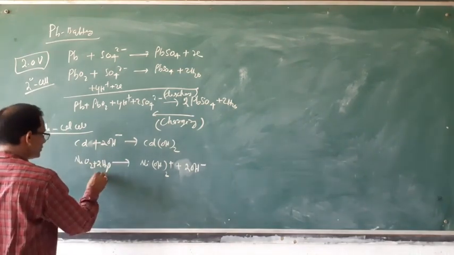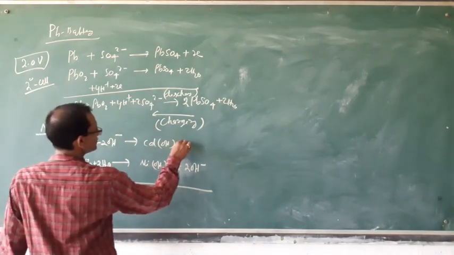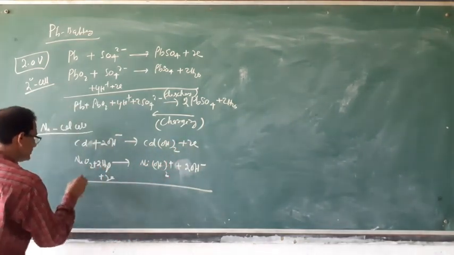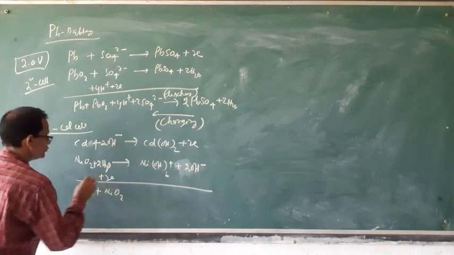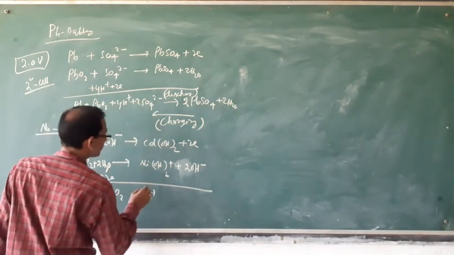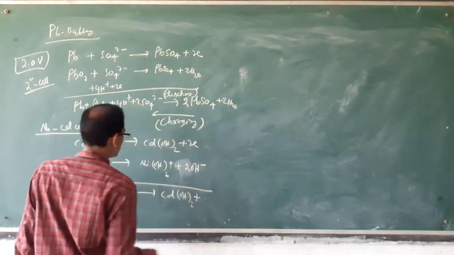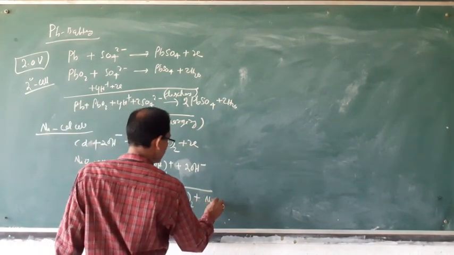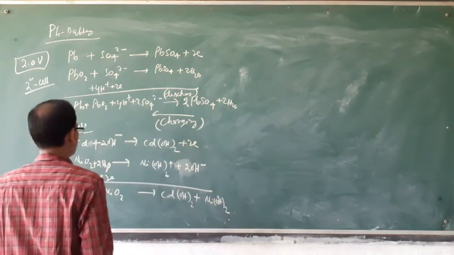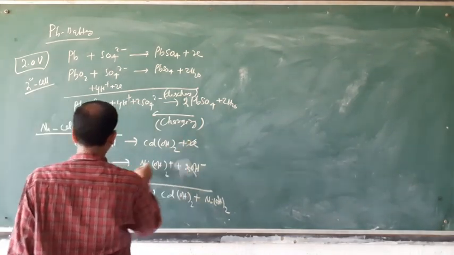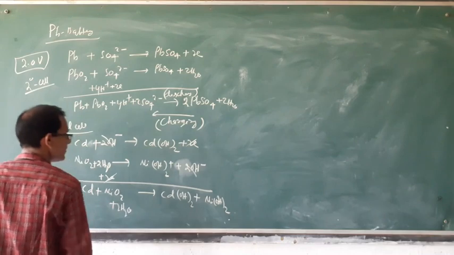Now you have 2 electrons here and 2 electrons there, which cancel. The result is Cd plus NiO2 changes to Cd(OH)2 plus Ni(OH)2. The electrons cancel, and 2 water on this side and 2 water on that side.